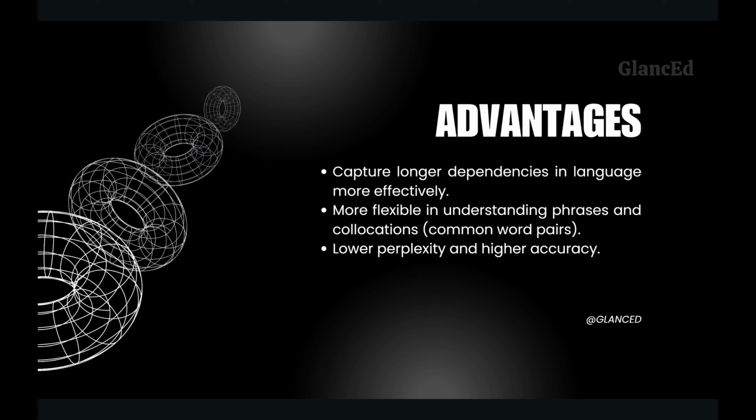So, lower perplexity means that the language model has very low confusion in predicting the next word. And higher accuracy. What is meant by accuracy? Accuracy is nothing but correctness. So if you have lower perplexity, that means it definitely has higher accuracy. They are inversely proportional to each other.